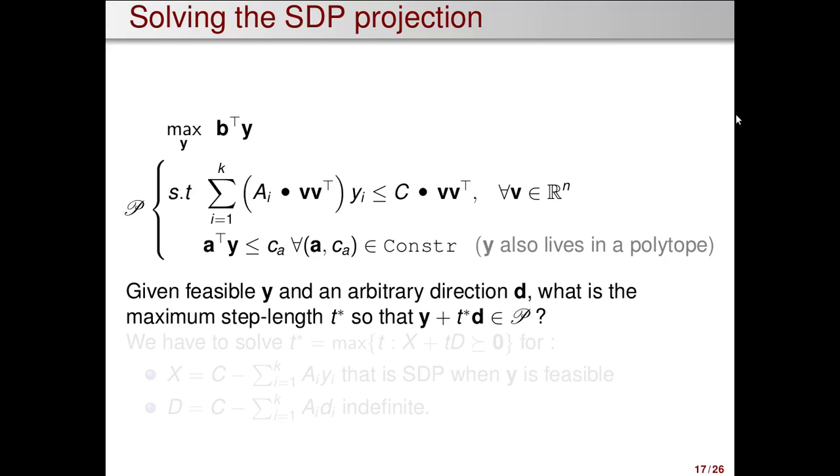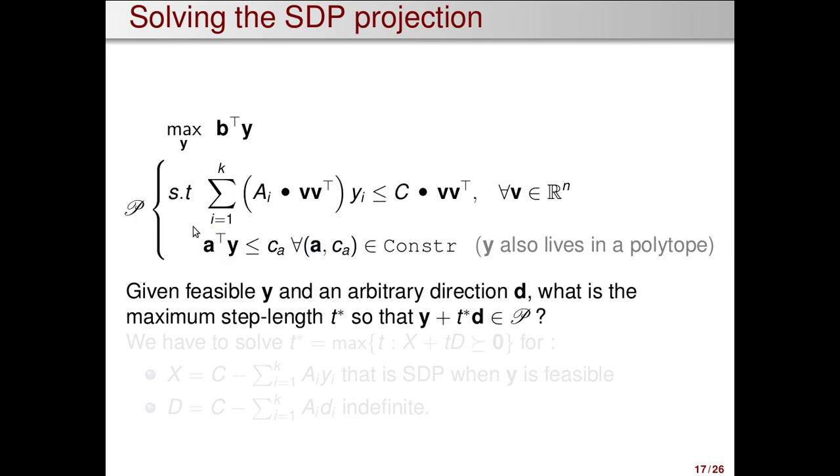I recall the problem I want to solve. Don't forget that the variables y also live in a polytope. What do I mean by that? It's the first time I focused on this notation. I can have a set of linear constraints. A constraint is given by the right hand side and by the coefficients A of the y variables.